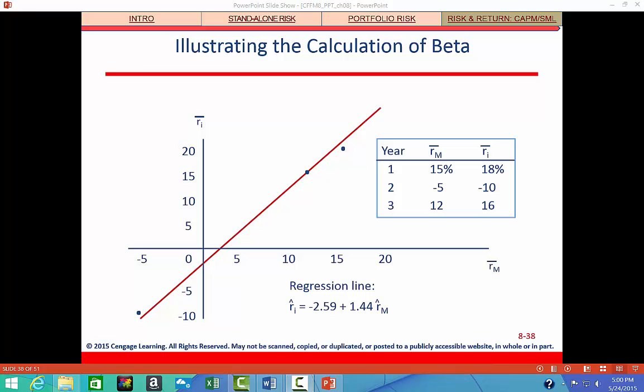I could use this equation to estimate a return for this stock. If I thought the market return was going to be 12%, I could say 12 times 1.44 and then minus 2.59, and I would get my estimate for the stock's return. Again, this regression is not good, so I wouldn't do any real estimates with this equation. But this shows you how people get a beta.